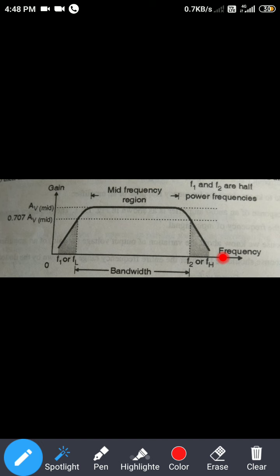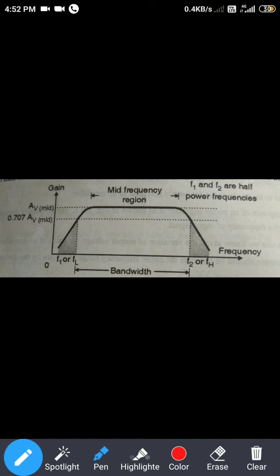Here F1 and F2 are the half power frequencies, denoted by F1 or F2, or you can say FL or FH, where FL is the low frequency and FH is the high frequency. Here you can observe the three regions that I already explained: low frequency region, mid frequency and high frequency.